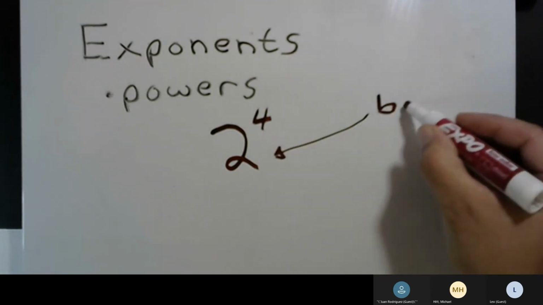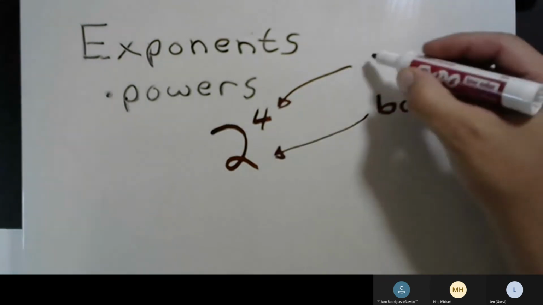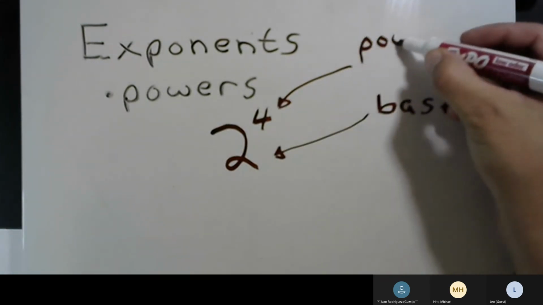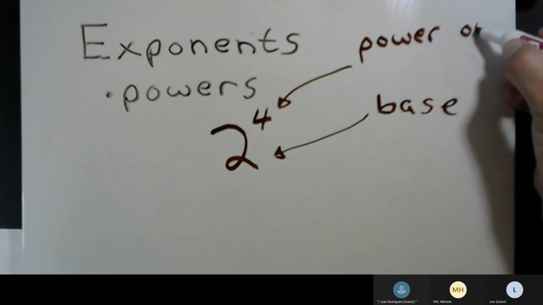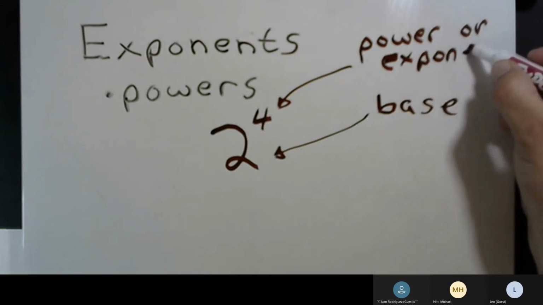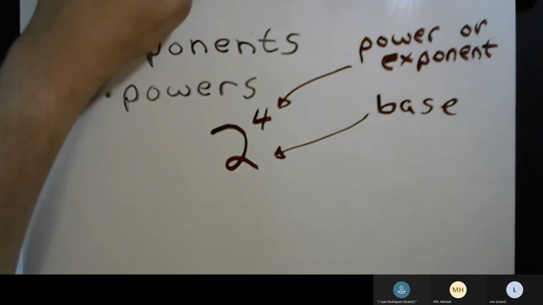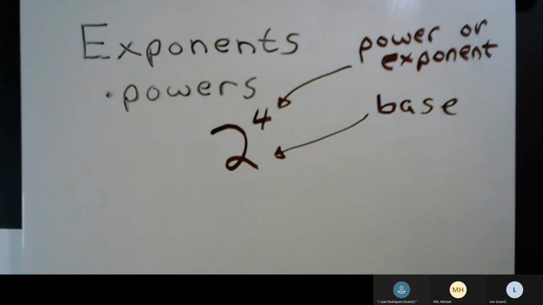You have a base, and then you have what's called the power, or the exponent. Now, what this means is what's called repeated multiplication.